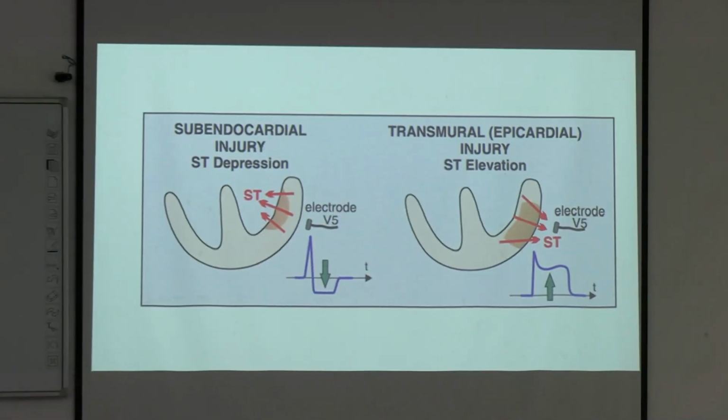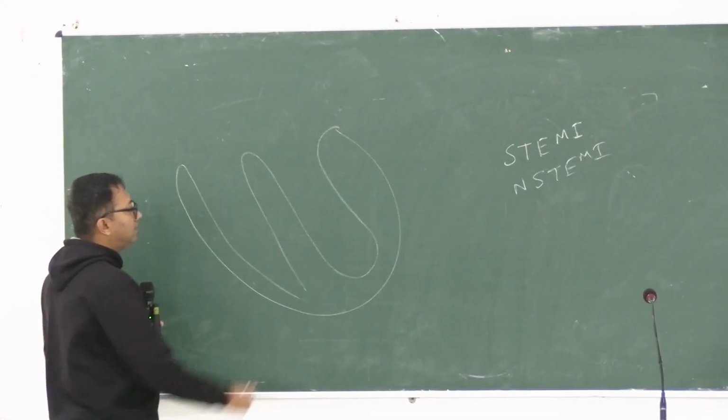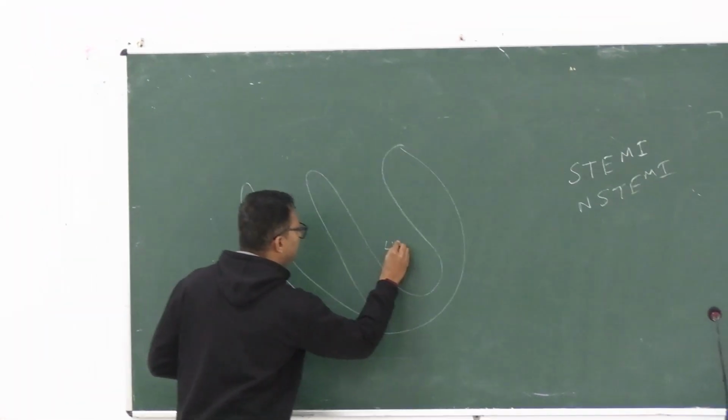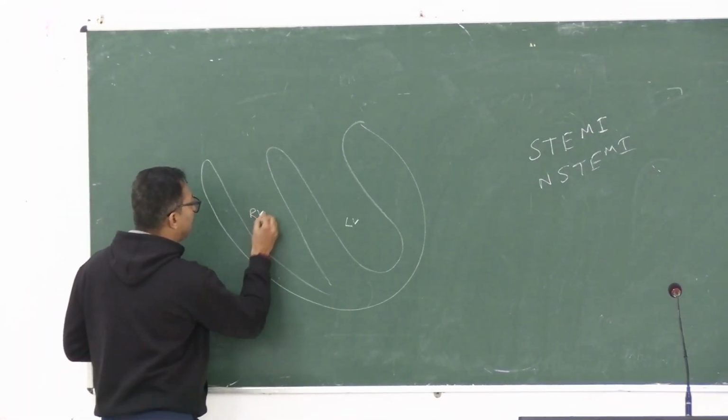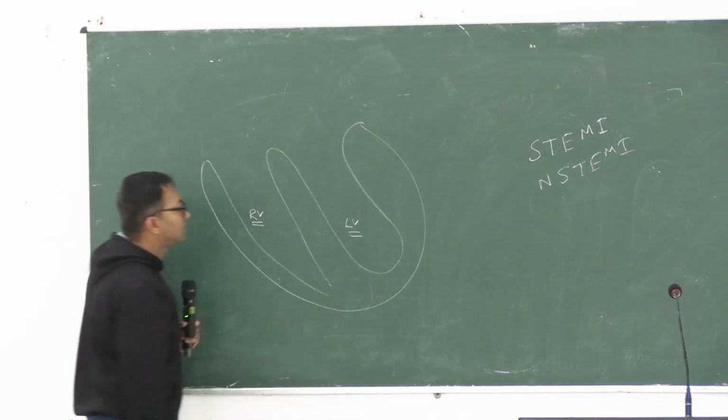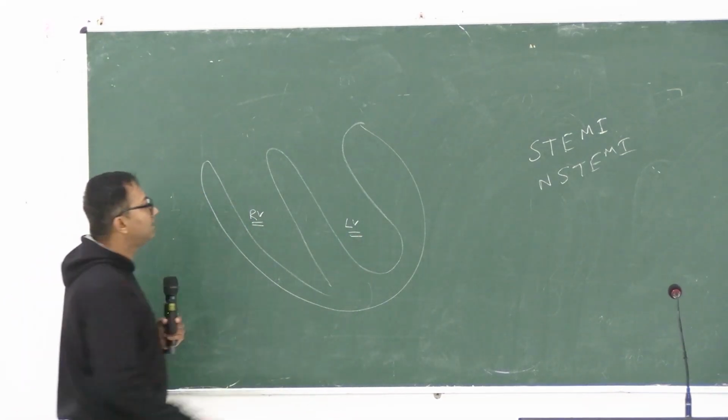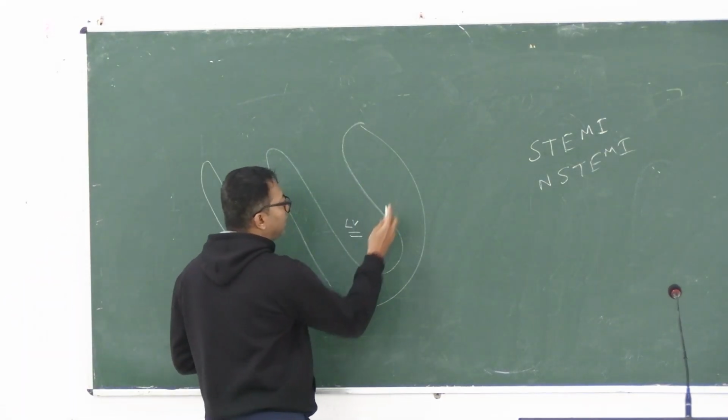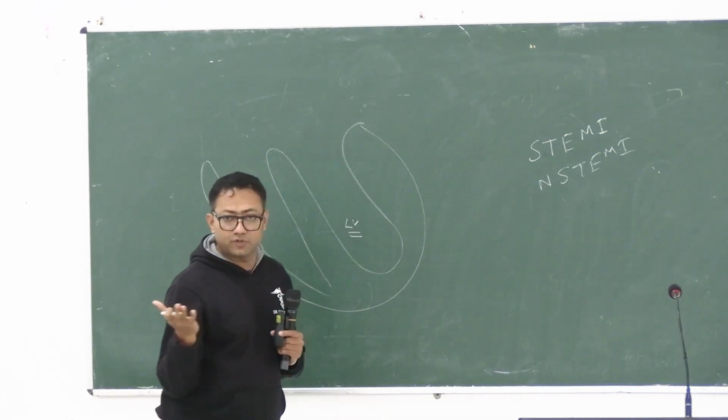If I draw a left ventricular wall, this is the right ventricular free wall, the interventricular septum, this is your LV and this is your RV, right ventricle and left ventricle, correct? And this is the wall. Now, there can be two types of injury.